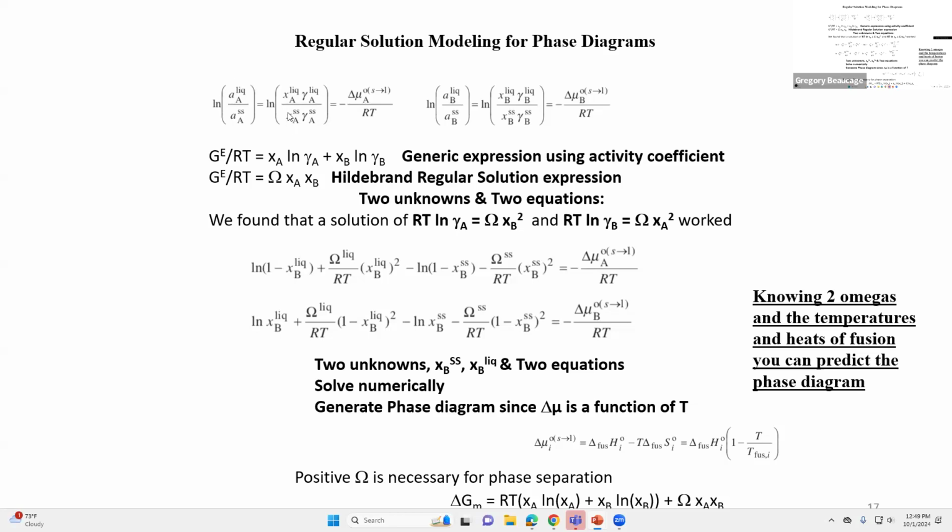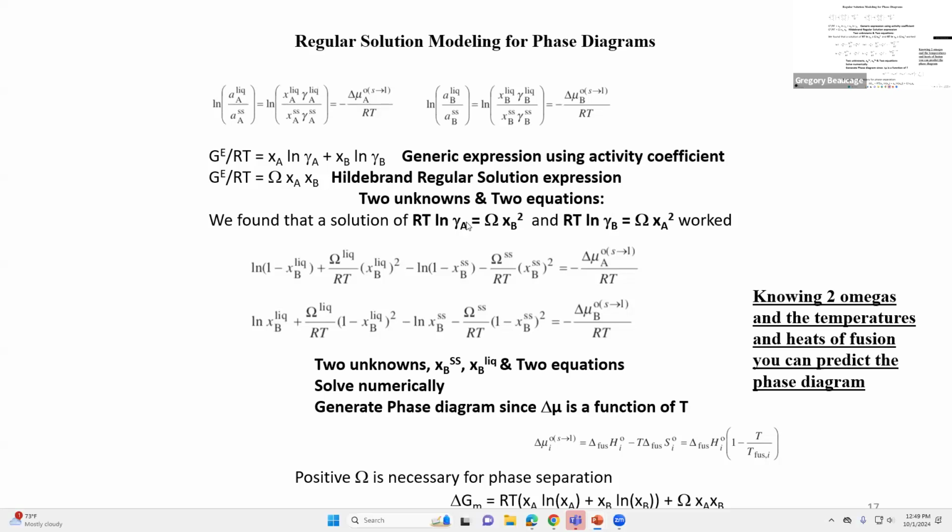You have the composition, but they sum to one, so XA plus XB is one, and you only need XA. And then you have two activity coefficients, but you only need one, because the mole fraction converts the activity coefficient of A or B to the Hildebrand parameter, which is a single parameter. The Hildebrand parameter is an easier way to look at it.